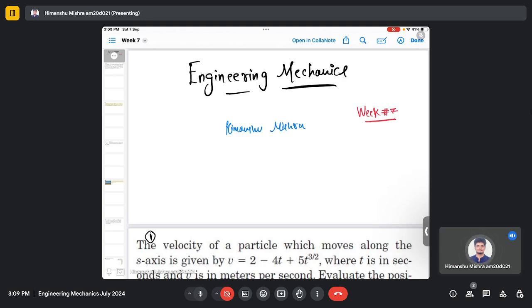The concept is very easy, and we will use it to find the velocity of the particle, and then we will move to the curvilinear coordinates. And in the end we will solve a problem using the polar coordinates. In these types of problems we have to solve for rotational motion.